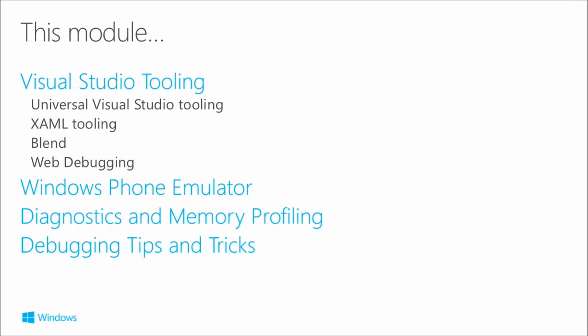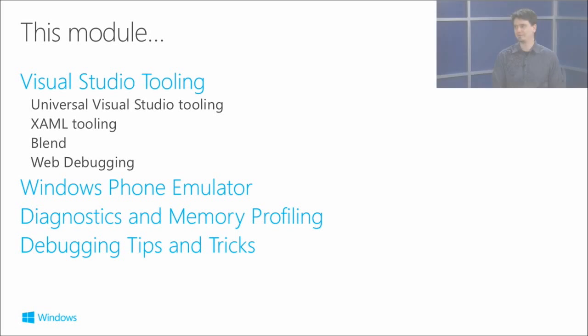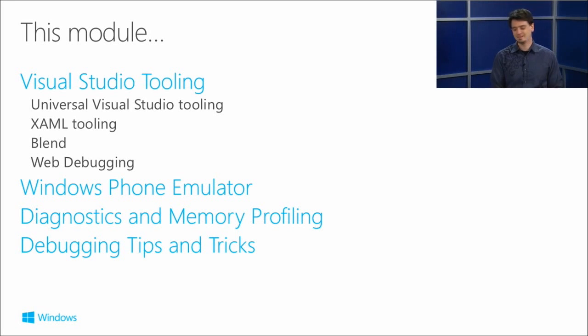So in this module, we're going to look at Visual Studio tooling, specifically some of the universal application project tooling, and some of the great XAML tooling that we have available. We're going to touch on Blend, and originally I had more of Blend because Blend is a fantastic tool, but unfortunately we've just got limited time.